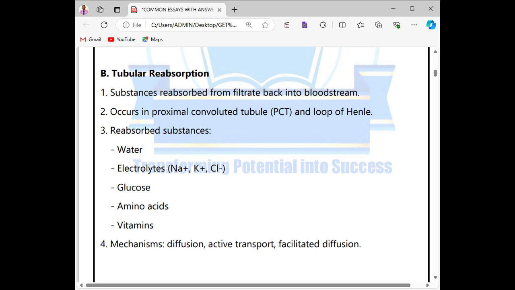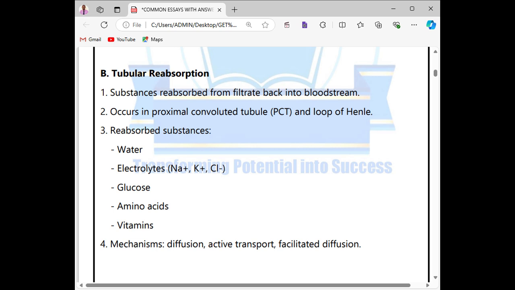Here you discover that water and other substances will be transported back into the bloodstream from the renal tubules.